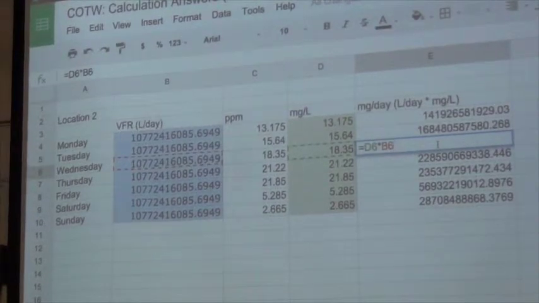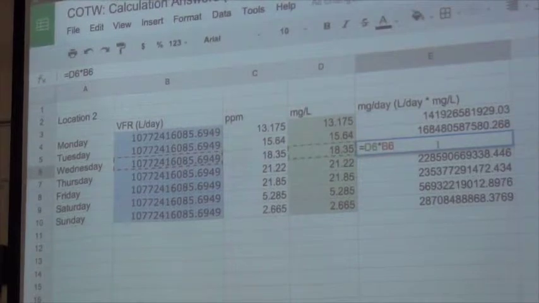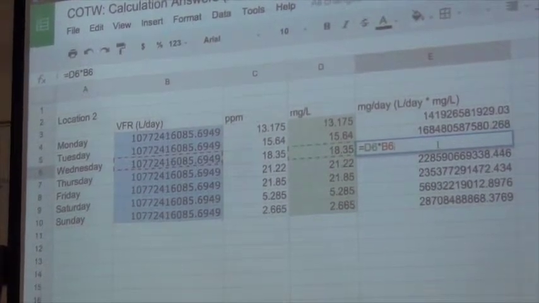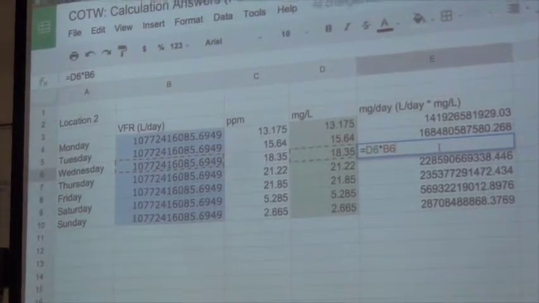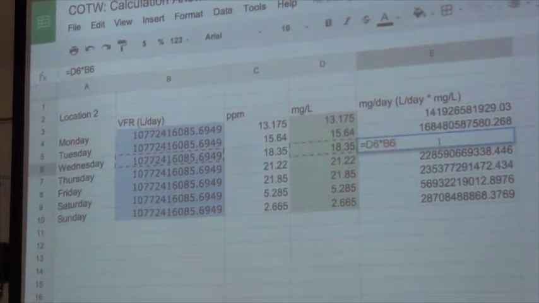But what does my rubric want it in? What specific mass? Kilograms, right? I'm in milligrams. So we need to figure out how milligrams are related to kilograms. How many milligrams are in a kilogram?